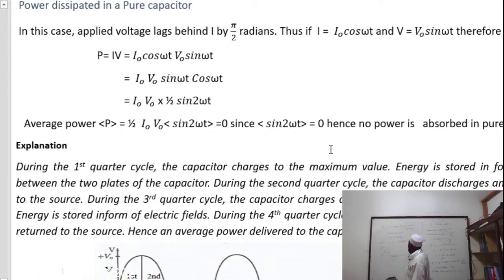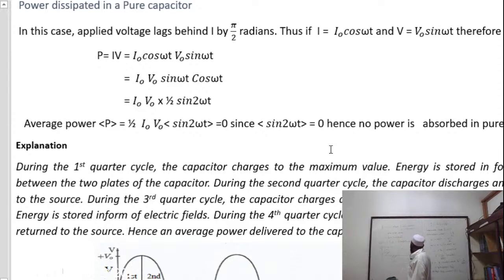We had said that the charge Q is equal to CV. So when the voltage is increasing, the capacitor charges. In the first quarter cycle, when the voltage is increasing, the capacitor charges. In the next quarter cycle, the capacitor discharges.